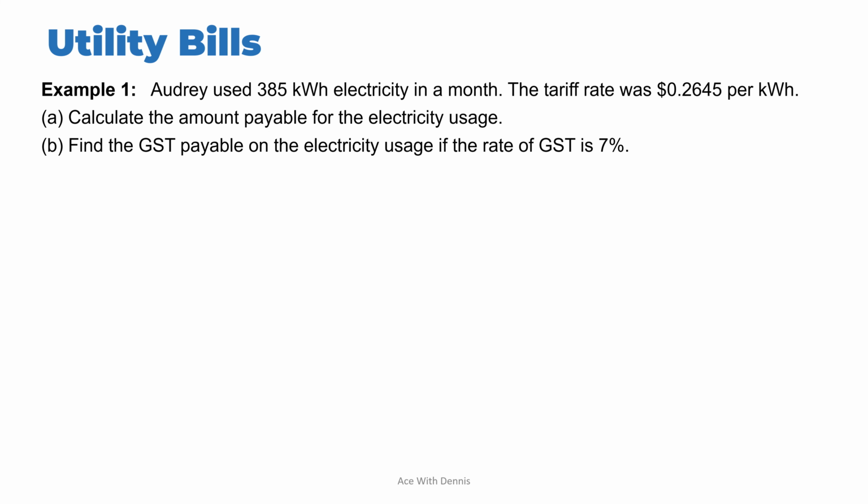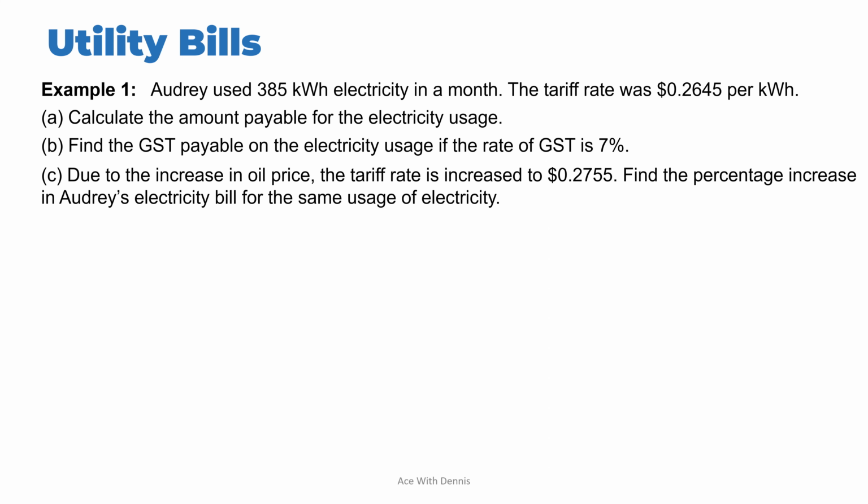B. Find the GST payable on the electricity usage if the rate of GST is 7%. C. Due to the increase in oil price, the tariff rate is increased to $0.2755. Find the percentage increase in Audrey's electricity bill for the same usage of electricity.